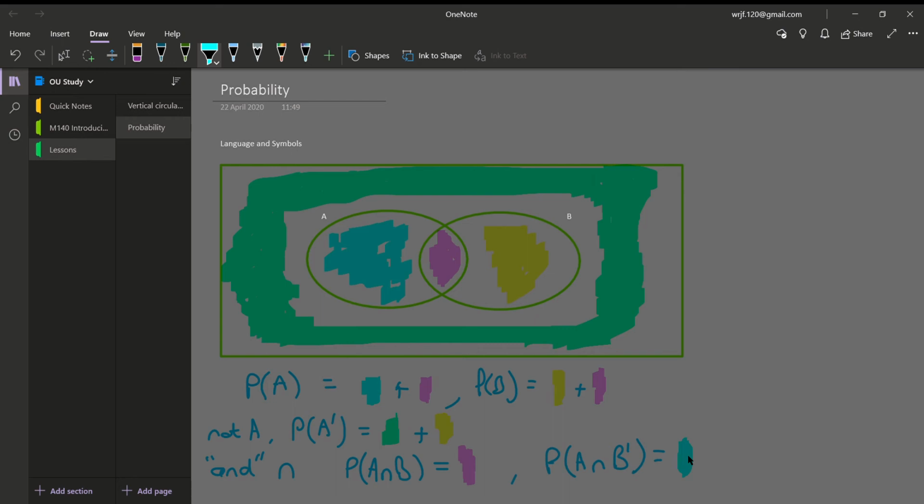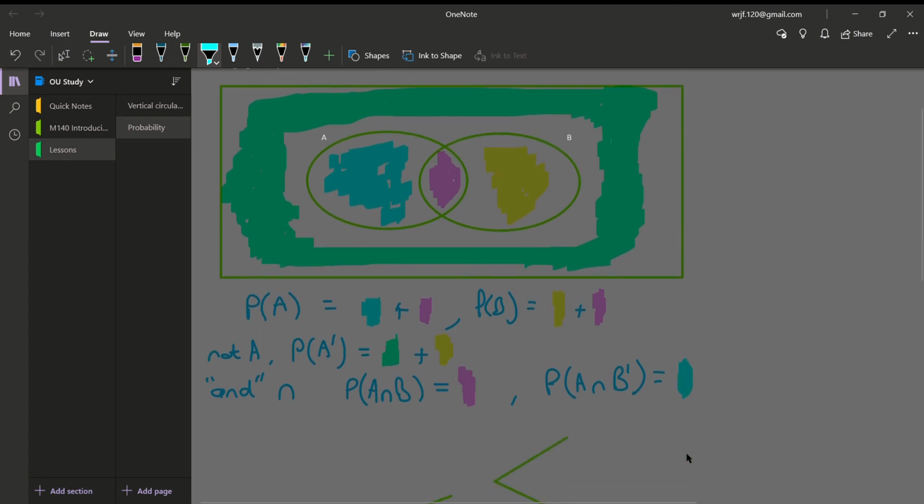And the final symbol to think about, and the final word that goes with it, that I want to think about in this section, is the or possibility. And symbolically that gets represented by the same kind of symbol as that N there, but the upside down version of it, so it looks like a U now.